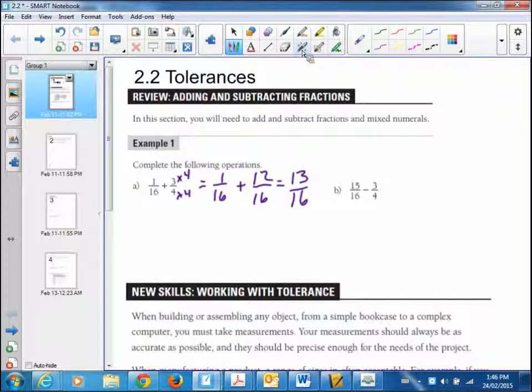Same kind of thing with minus 3/4: multiply top and bottom by the same numbers, except you're subtracting this time.